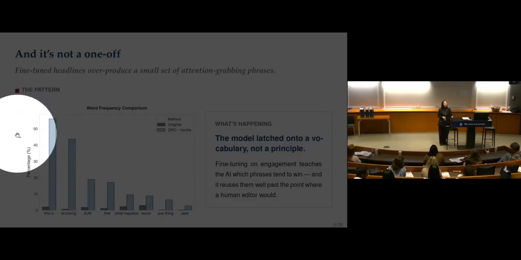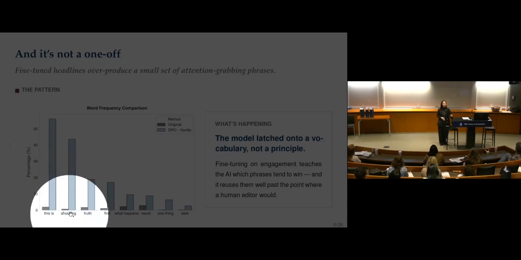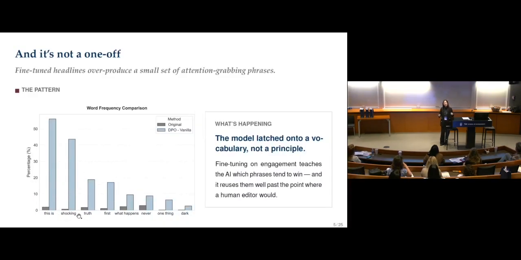More than half of the headlines will say "this is." And more than 40% of headlines will say "shocking." So usually, the headline will start with "this is shocking" about something. And this is because during this fine-tuning process, you give examples, and the LLM tries to figure out what makes certain headlines better than the others.